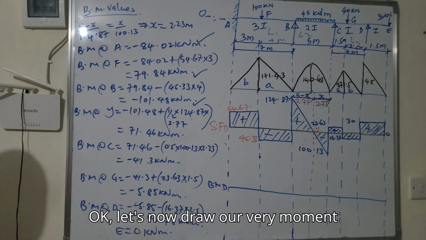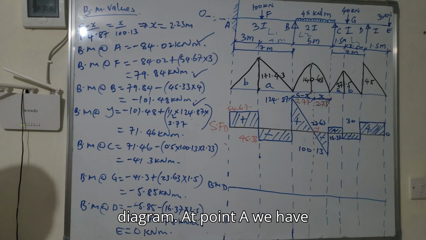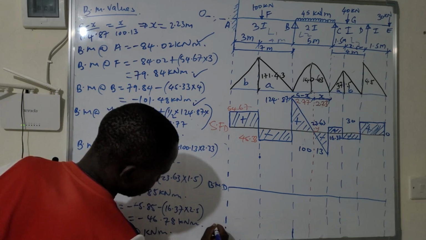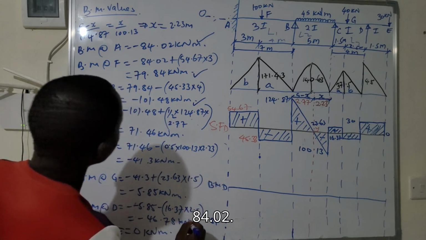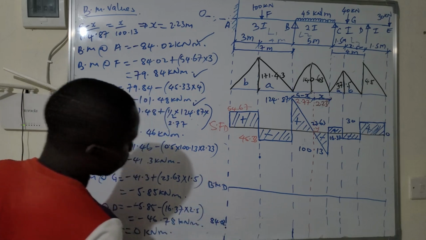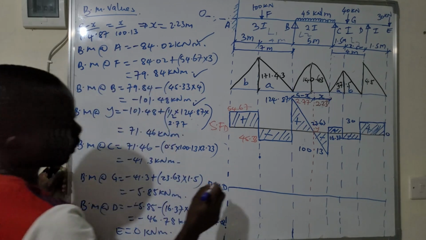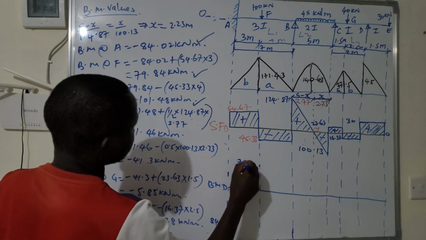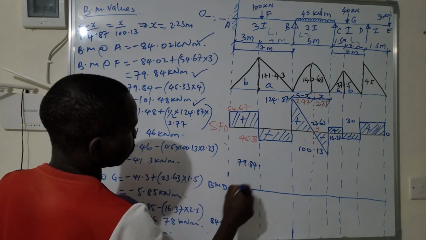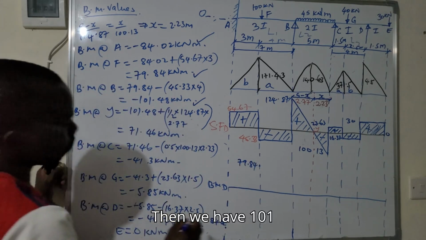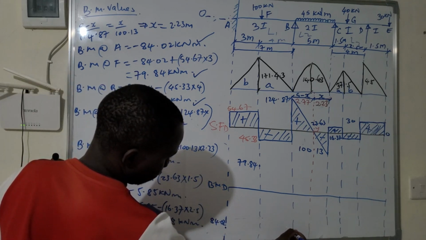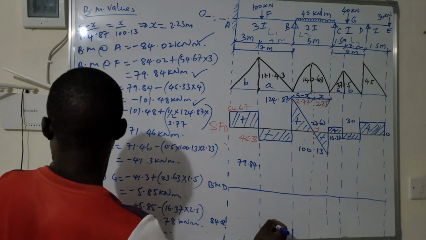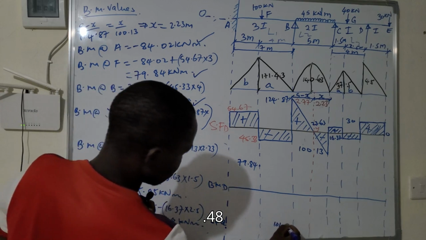Okay, let's now draw our bending moment diagram. At point A, we have 84. Let's approximate 84.02. And then we have 79.84. Then we have 101.48.